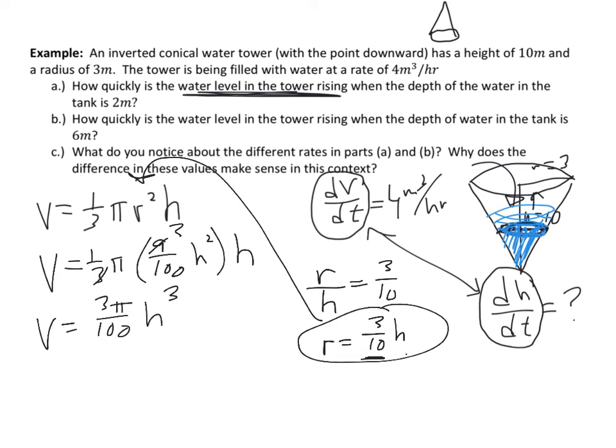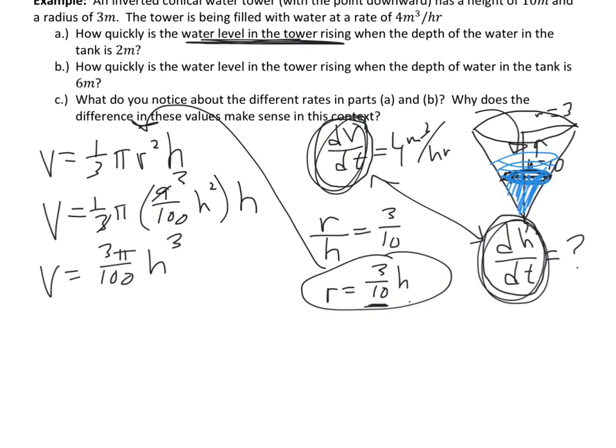Now I have a relationship that's just in terms of V and h, and I can take the derivative with respect to t. Okay, so taking the derivative with respect to t, I'm going to get that dV/dt is, if I bring the 3 down, 9 pi over 100 h squared times dh/dt.